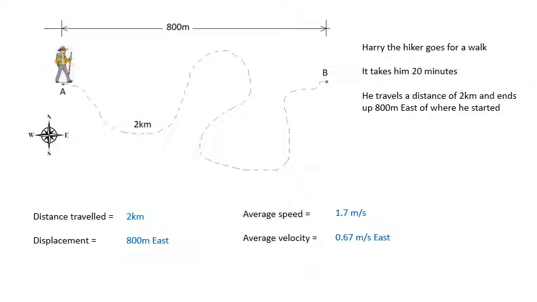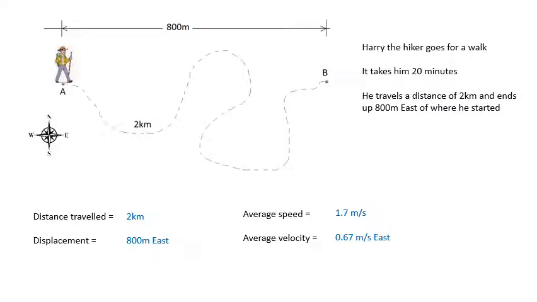His average speed is 1.7 meters per second, and that is 2,000 divided by, how long was it? 20 minutes, so 20 times 60, 1.7 meters per second. His average velocity is displacement over time. So that's 800 meters divided by 20 times 60.